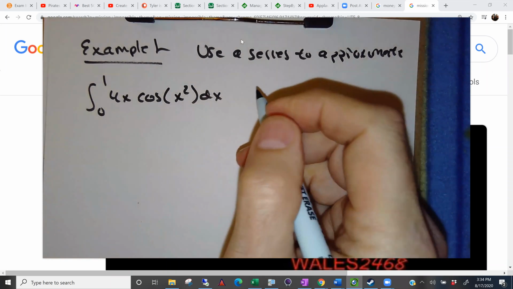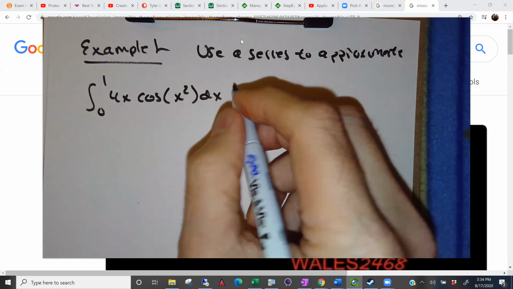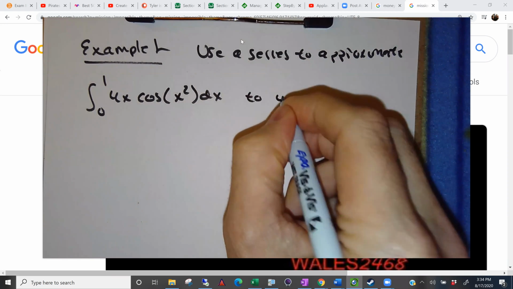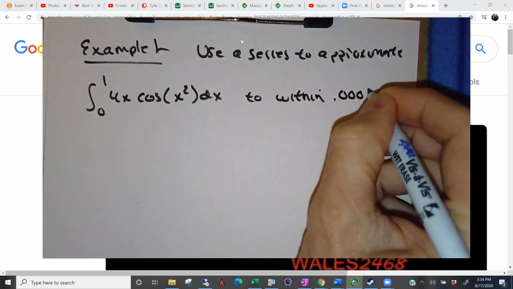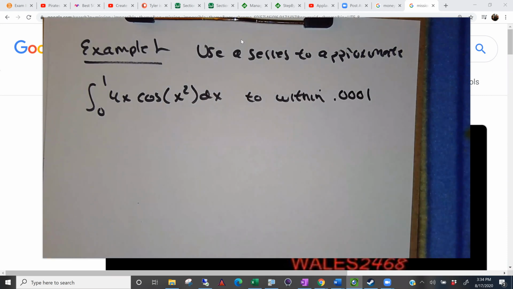And let's see how many digits, to within 0.0001, 1/10,000th. So I claim we can do that with just a few fractions, like 4 fractions. Should be able to do it for us. What do you think? Can I do it with 4 fractions?